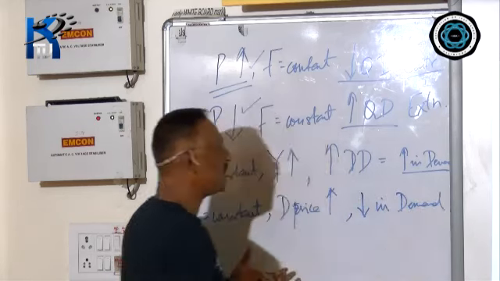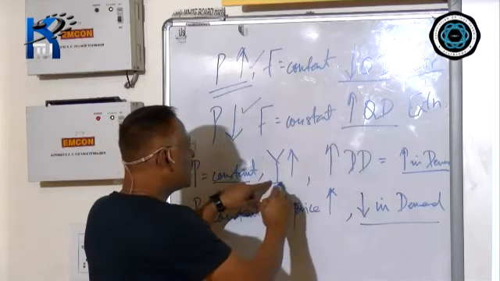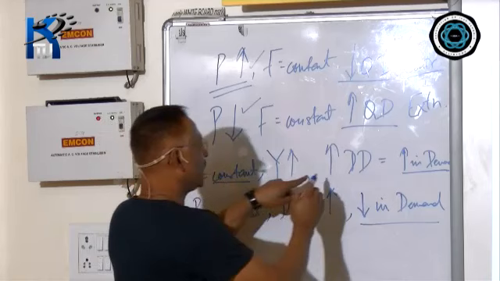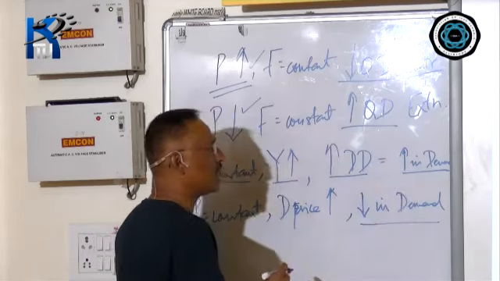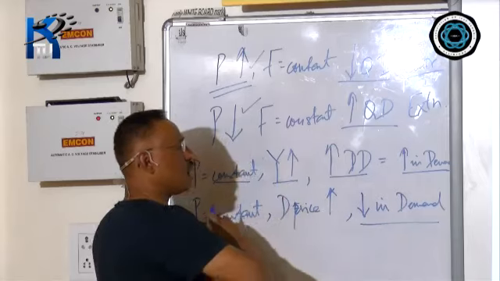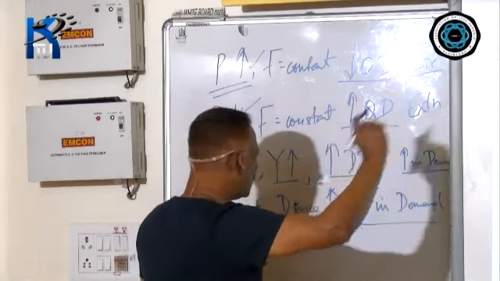So the whole demand curve will shift. Now, where will it shift? If the price is constant and your income has increased, there is an increase in demand, and the demand curve will shift upwards and rightwards.